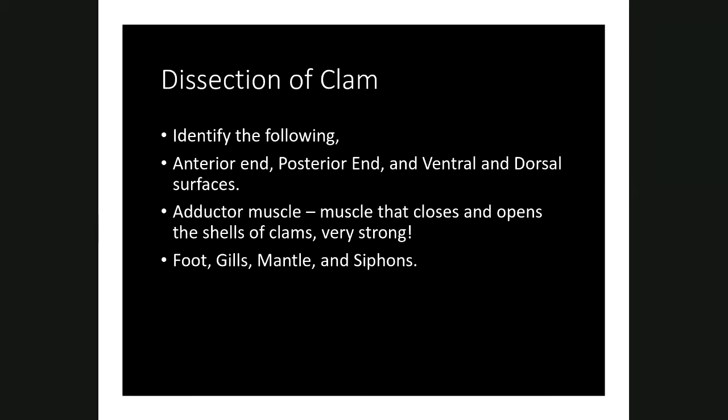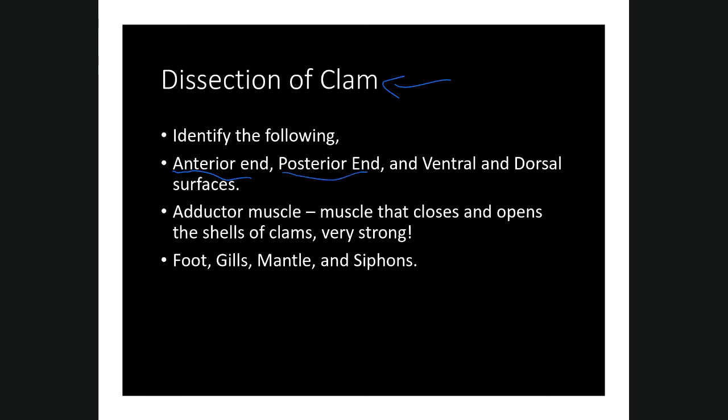So, with the dissection of the clam, we would have to identify a few things. Identify position of directions in the body. What is the anterior end? Remember, the anterior end is close to the head, and the posterior end is something that's close to the anus.